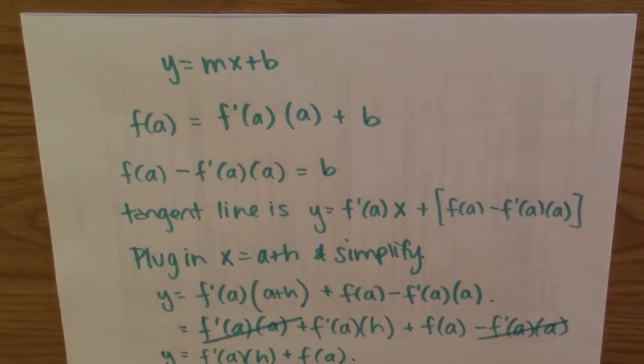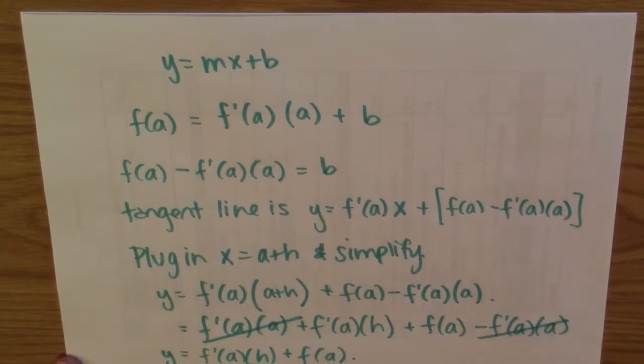So this says that if I move over just a little bit, however much this h is giving me, then the value that I expect the function to be should be approximately this thing here.